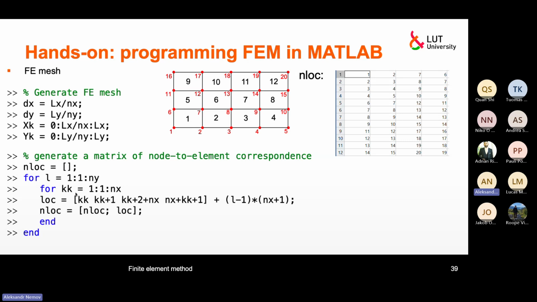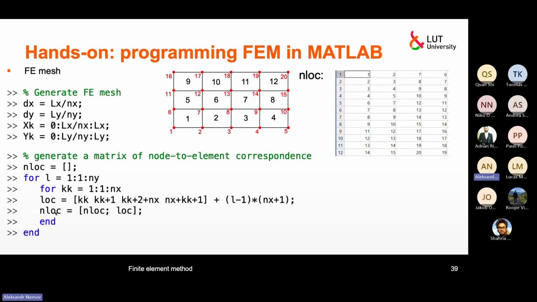Okay, I think it's not the most computationally efficient way to do this, because the dimension of my nlog array changes on every iteration of this loop, which is usually not very much recommended in programming.